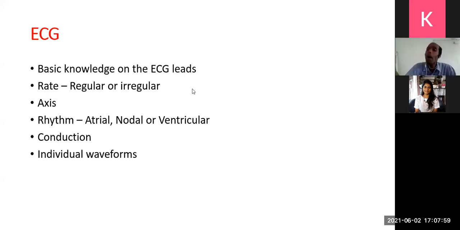You are finely dissecting the ECG now, looking at individual waveforms and segments. And that is the last thing you do in an ECG. You don't do that at first. So number 1, 2, 3, 4, 5, this is very, very important. Any ECG from today onwards, you are going to look at it in this manner: rate, axis, rhythm, conduction, and then focus a little bit on the individual parts of the ECG.